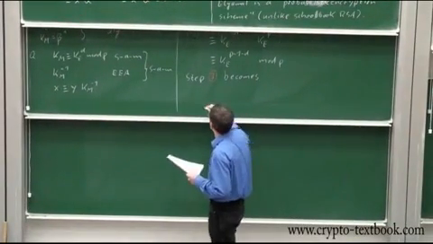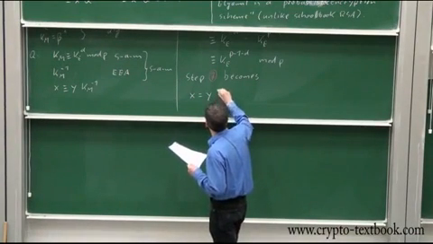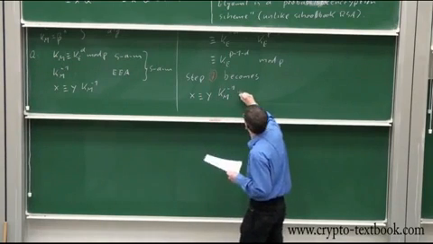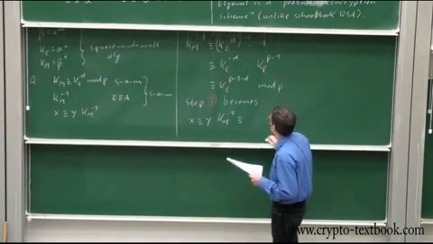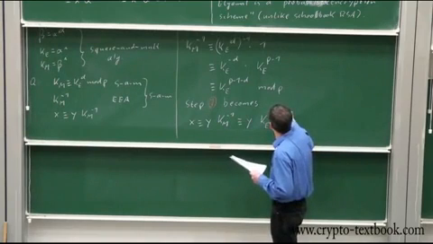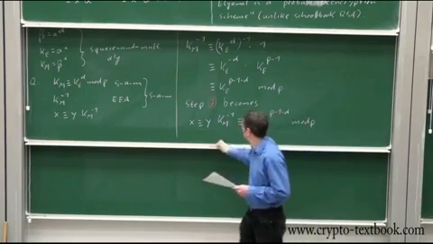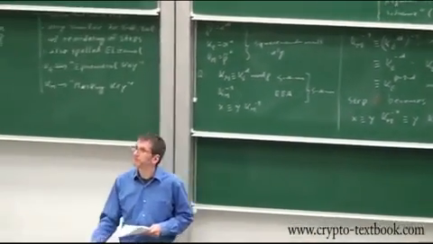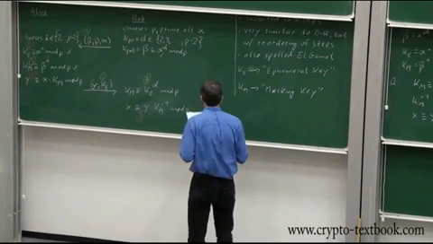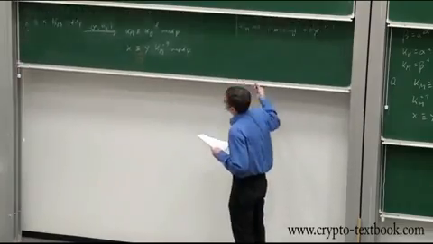Step 7 in Elgamal becomes x is, what we can do here, this is simply y times p minus 1 times d modulo p. Okay.